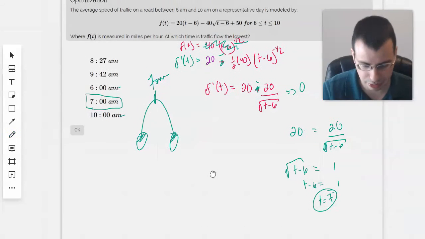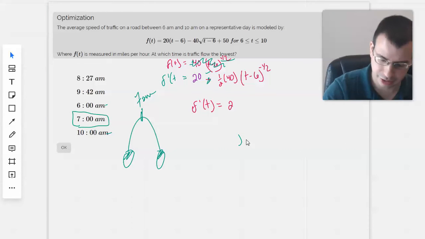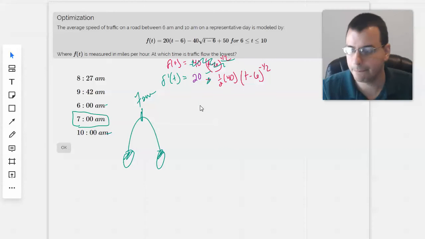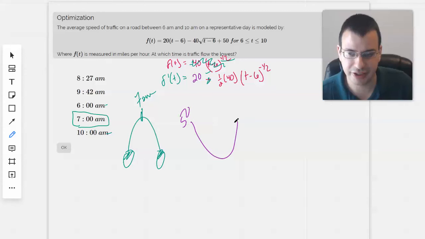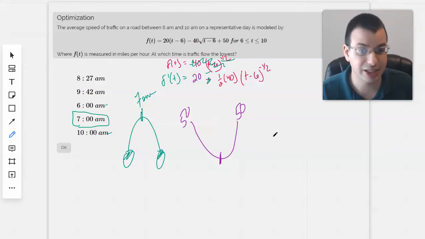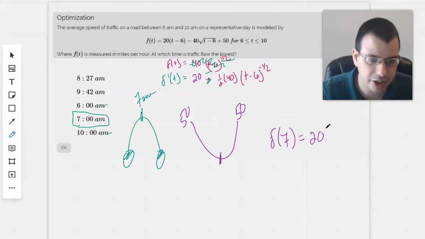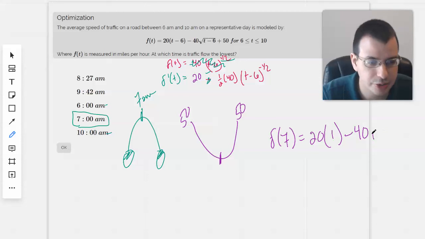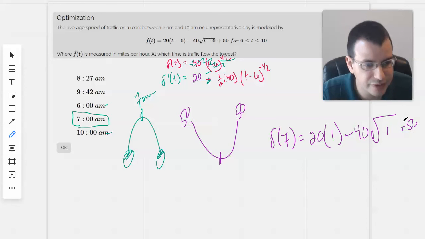But being a good test taker with minimal trust, I'm going to test it anyway. So f of 7 equals 20 times 7 minus 6, which is 1, minus 40 times the square root of 7 minus 6, which is 1, plus 50.